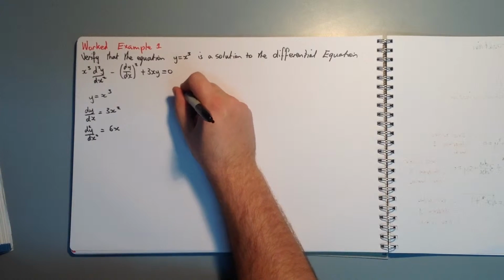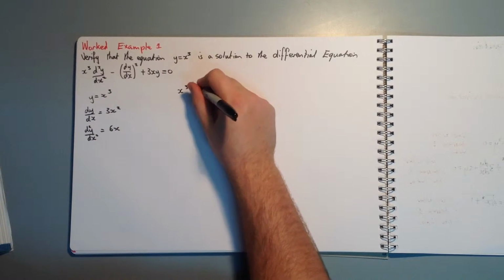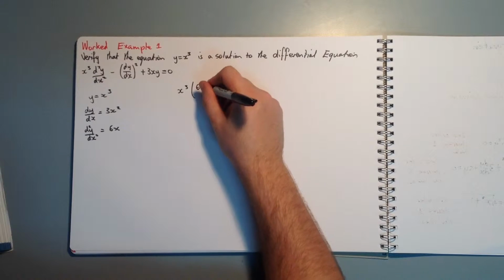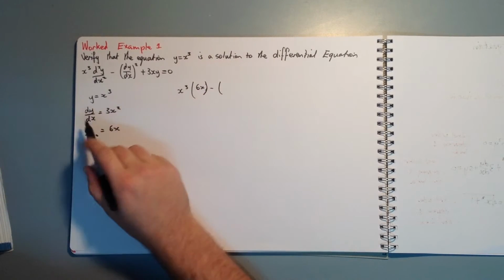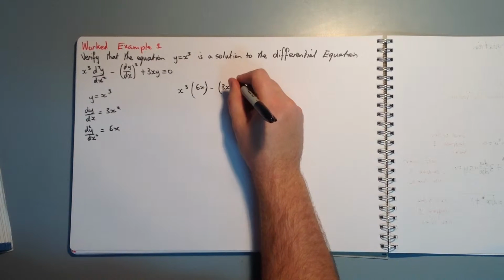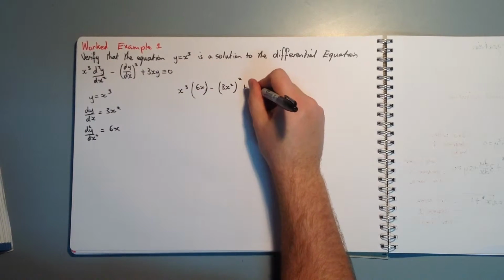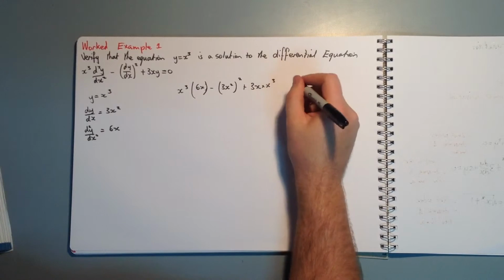So we've got x cubed times by our second derivative, which is 6x, minus our first derivative, which is 3x squared, all squared, plus we've got 3x times y, well we know y is x cubed.